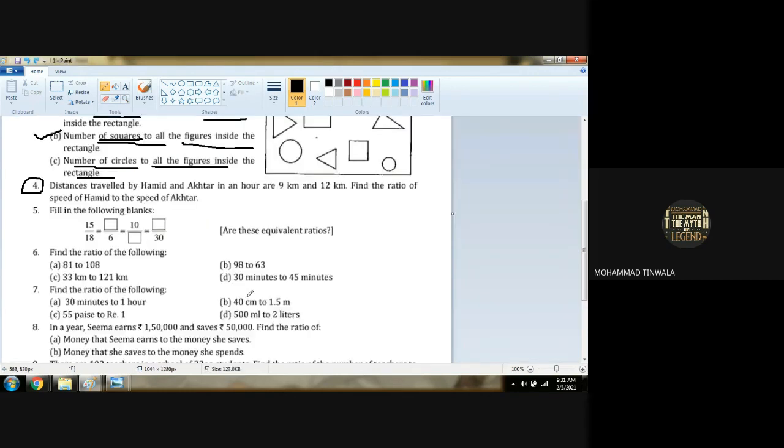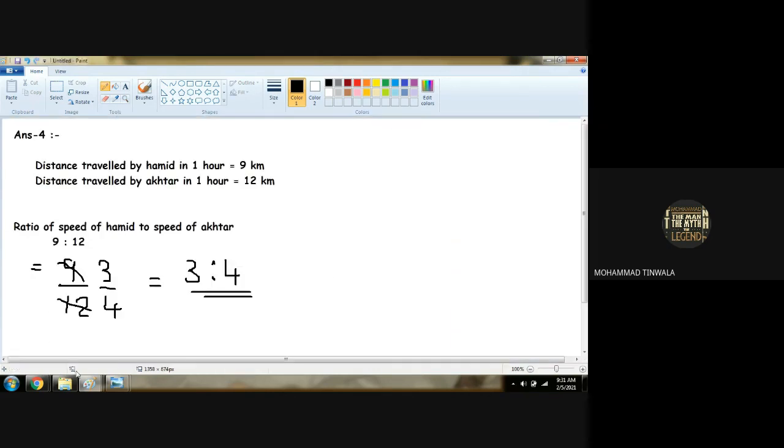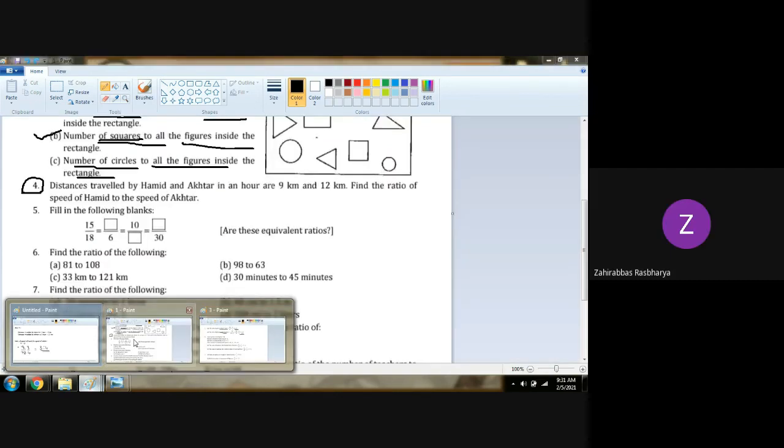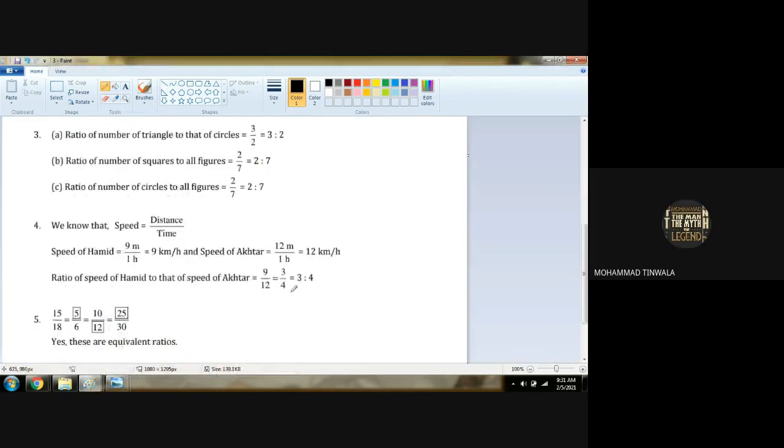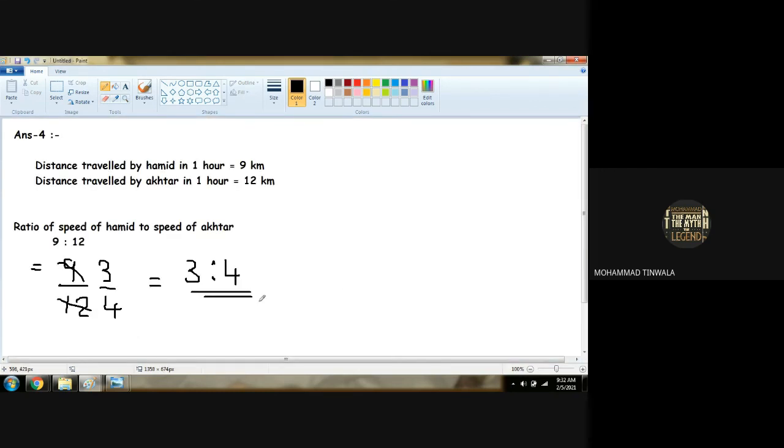Is it understood or not? Yes. Did we get 3 upon 4 here as our answer? Ratio of speed of Hamid to the speed of Akhtar. 3:4 is the correct answer.